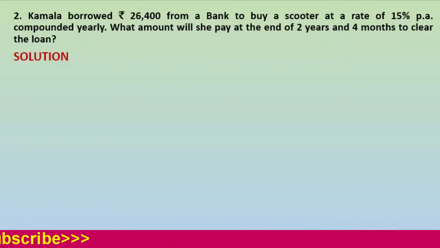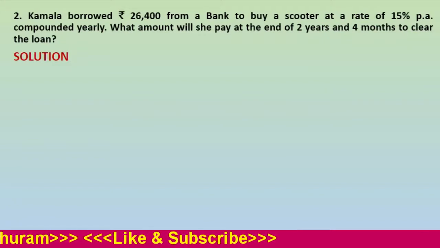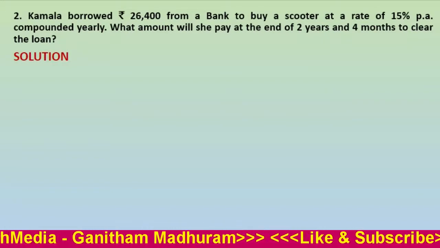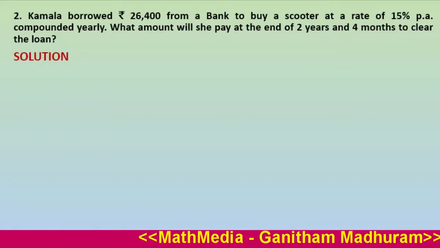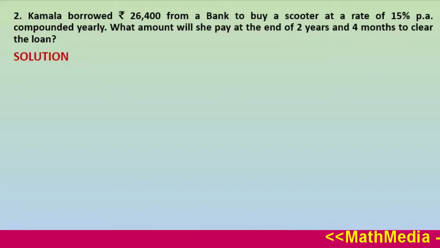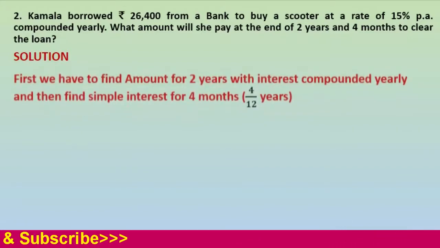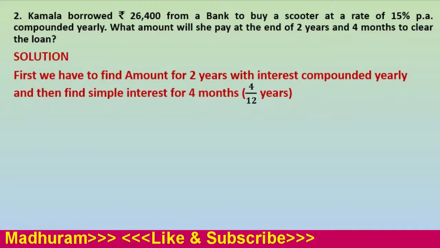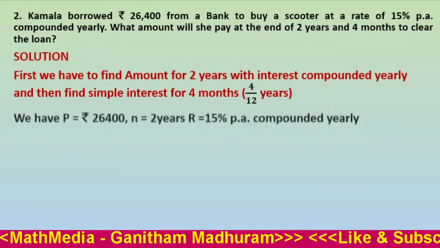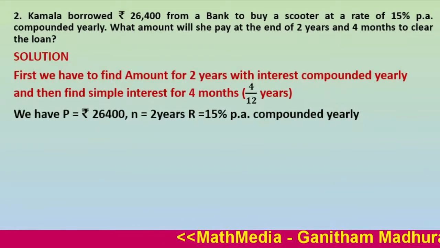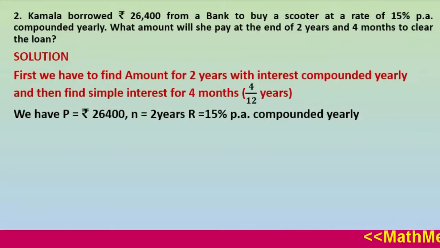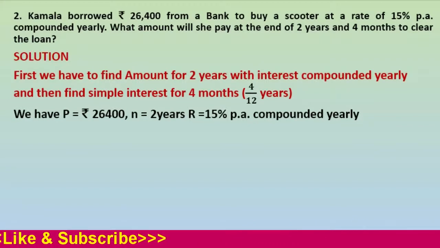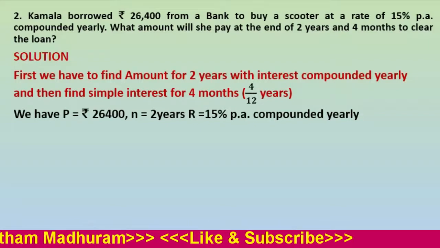First of all, we have to write what is given in the question. Kamala borrowed rupees 26,400, that is the principal P equal to 26,400, and it is given at a rate of 15% per annum compounded yearly.